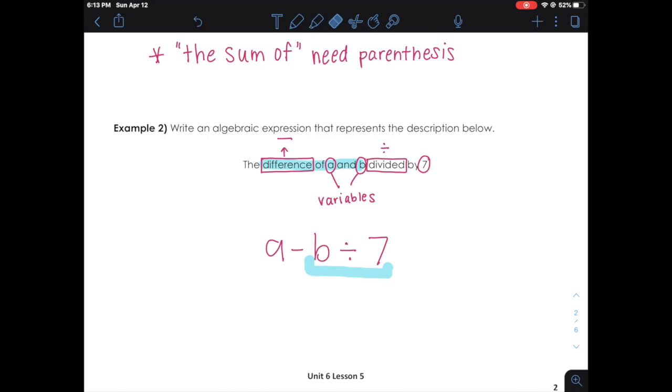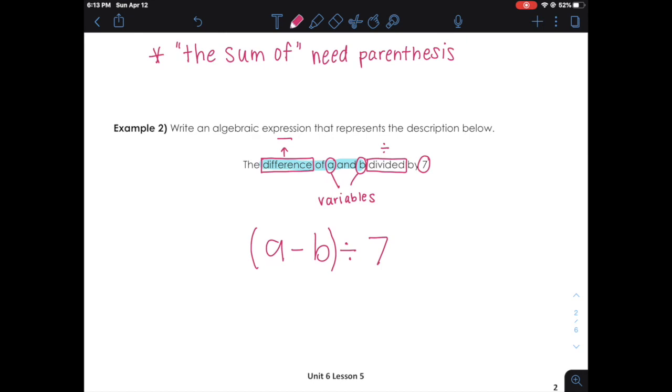So just like in the last problem, I need to put parentheses around what I need to happen first. In this case, I need to find the difference first. So I put parentheses around my subtraction problem. That guarantees that the subtraction problem will happen before the division problem does.